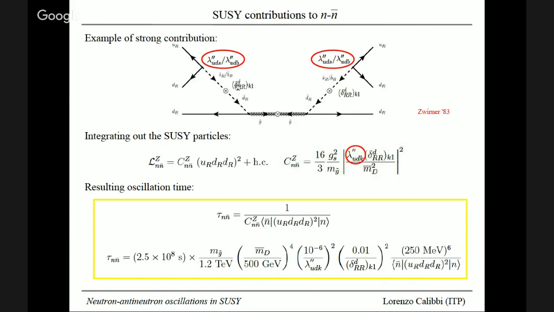This means that since we have to go back to the first generation, because in our operator, of course, we require only first generation quarks, we also require flavor mixing. So a mixing between second or third generation squark with the first generation squark.